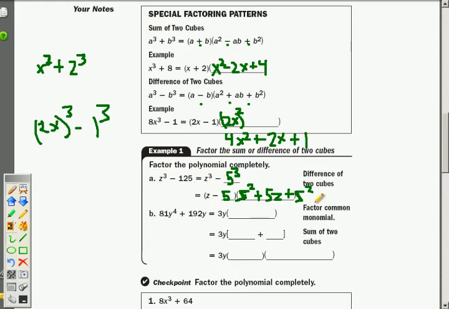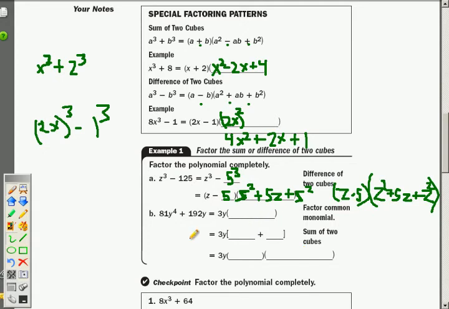I think my z is backwards there, isn't it? That's what's the problem. I'm trying to make my z's look like 5. That should be z minus 5 times z squared plus 5z plus z squared. Terrible, terrible handwriting, I know, but I hope you're listening and writing so you can get both of those things.